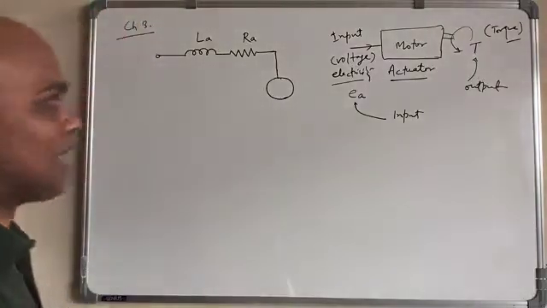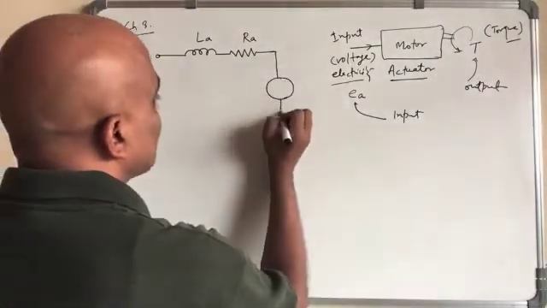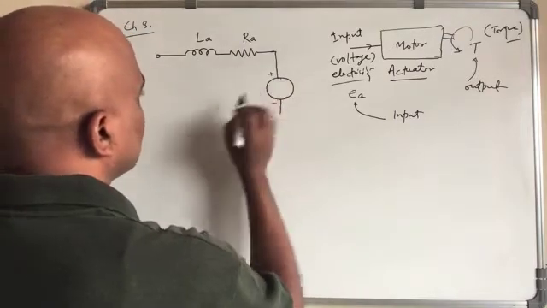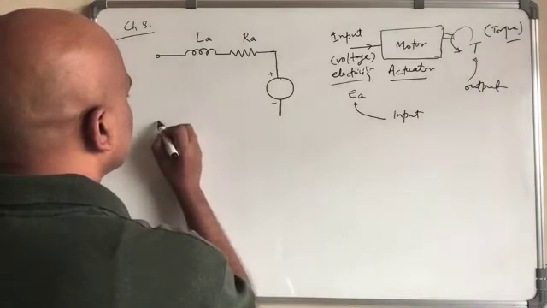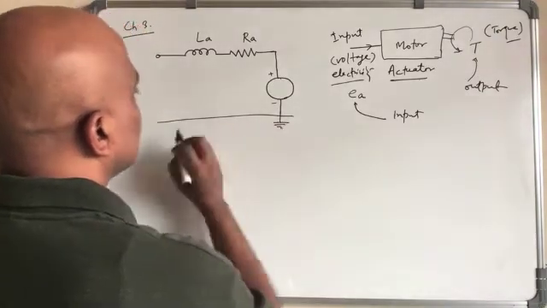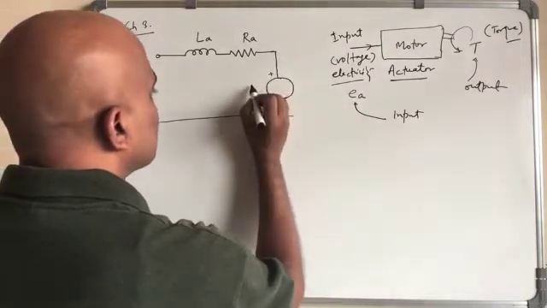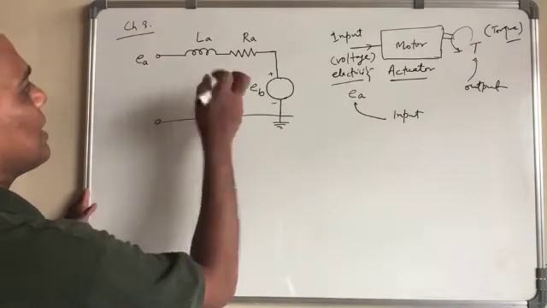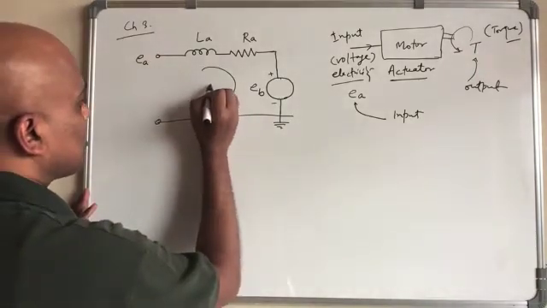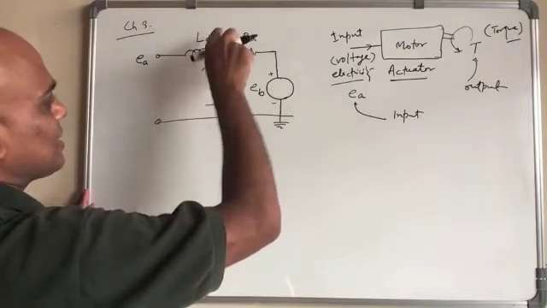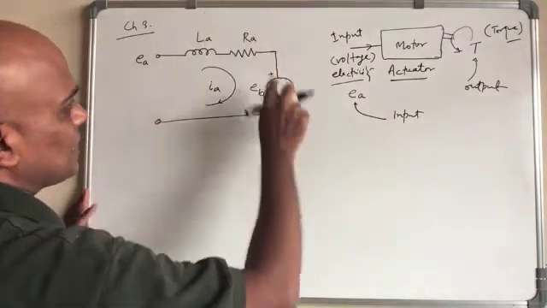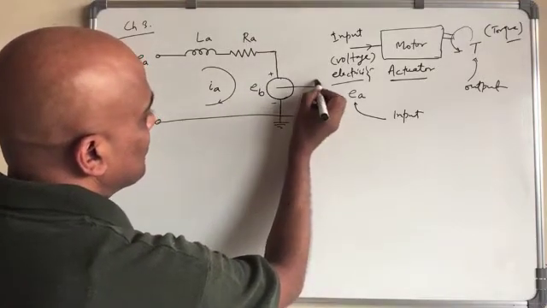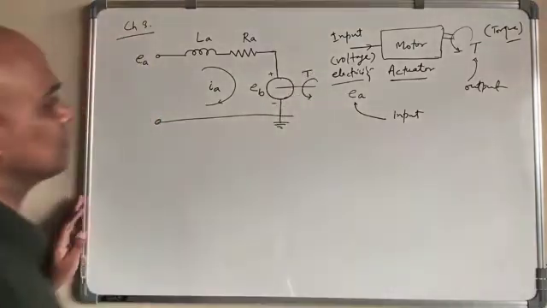So back EMF is also generated, and that will be equal to EB, let us say. So here you have EA, and there will be a current flowing, let us call it IA. There is an inductor, the resistance RA, and then the back EMF, and that is producing a torque T.